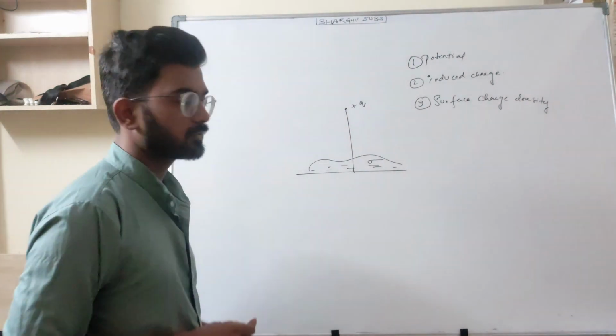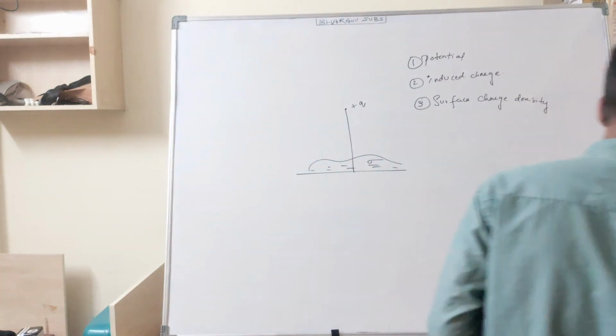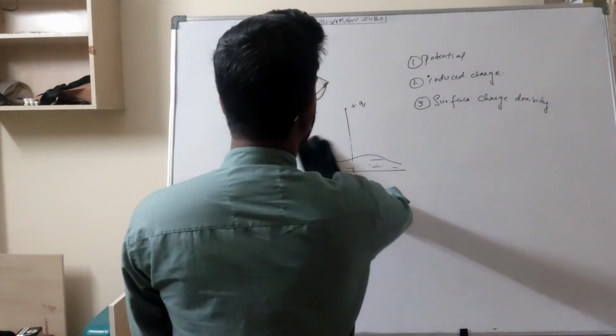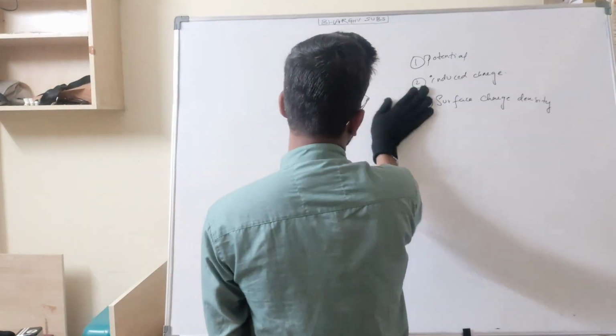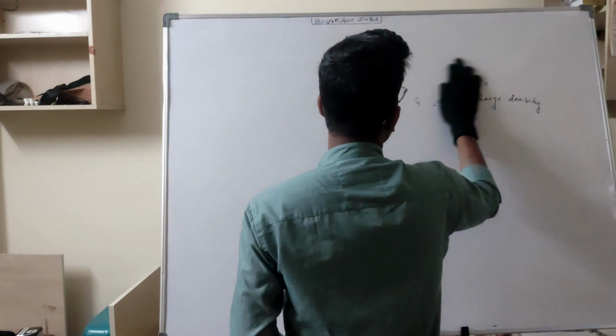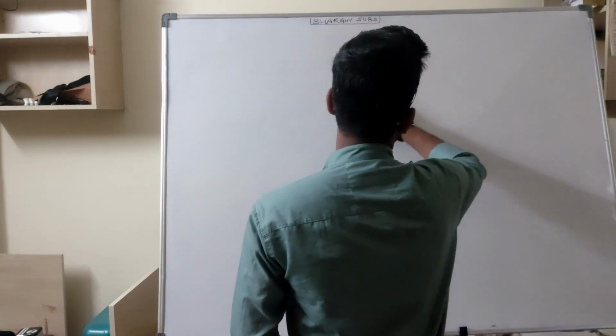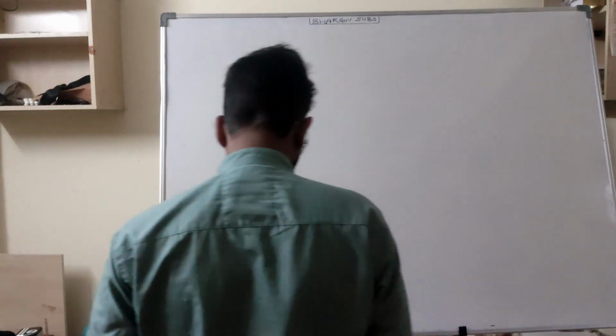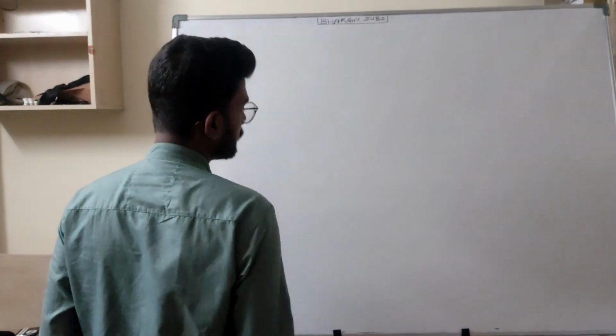Now I want to find the surface charge density. Let us see what the result will be. I already found the potential, so with the help of the potential let us find the surface charge density. What is the formula for electric field?